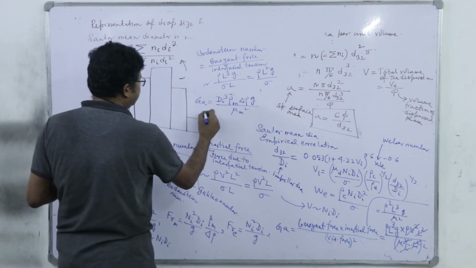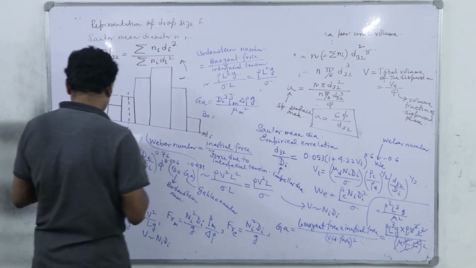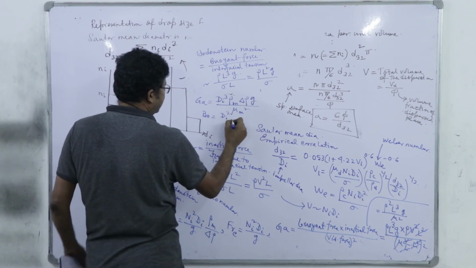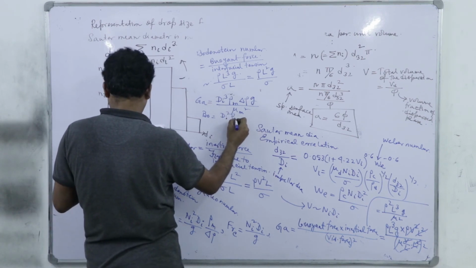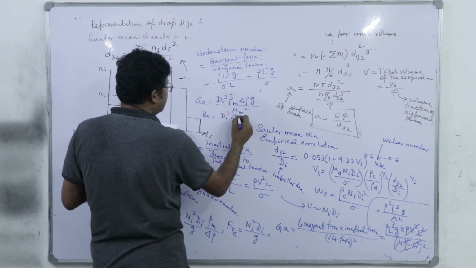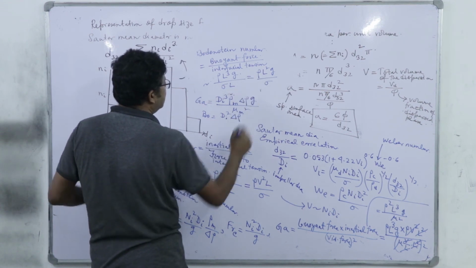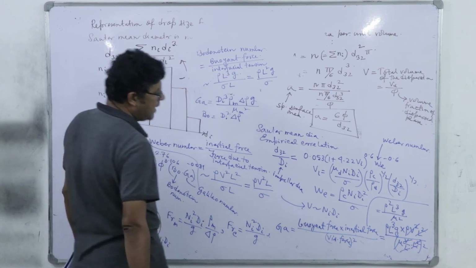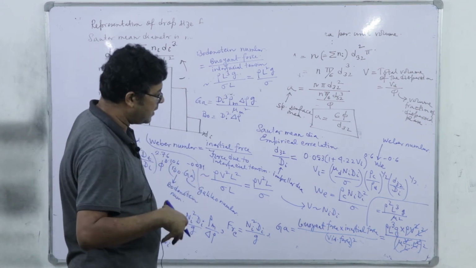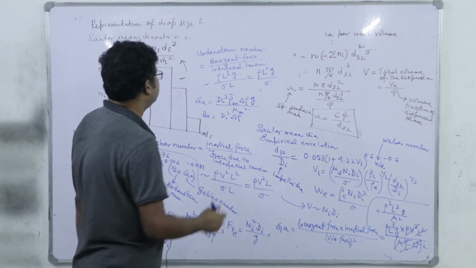And for the present system, this Bond number is defined as di square, then delta rho here. Whenever we are thinking of buoyancy force, it is buoyancy force minus the weight actually.